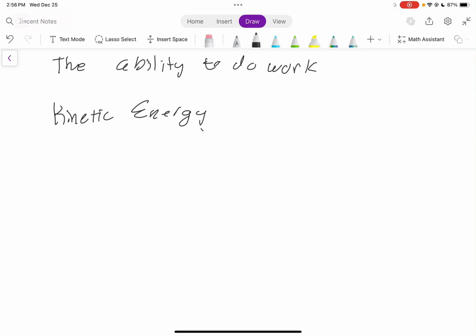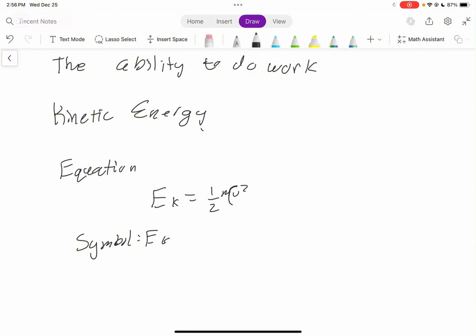The equation for kinetic energy is EK is equal to 1/2 mv squared. And remember that our symbol is simply just EK. Why don't we have a vector on this v right here?